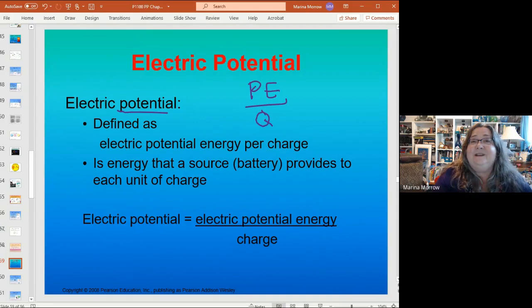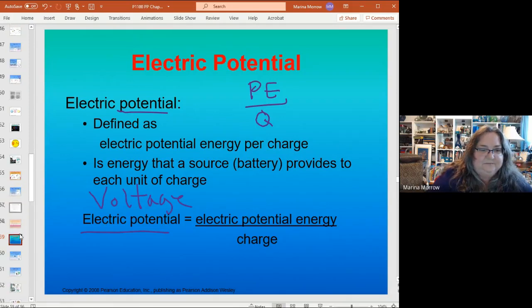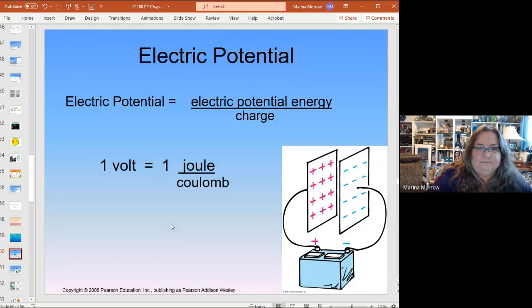It's how much energy there is for each coulomb of charge. All right, so electric potential is electric potential energy per charge, and electric potential is also what we know as voltage. And since potential energy is in joules and charge is in coulombs, 1 volt is 1 joule per coulomb.